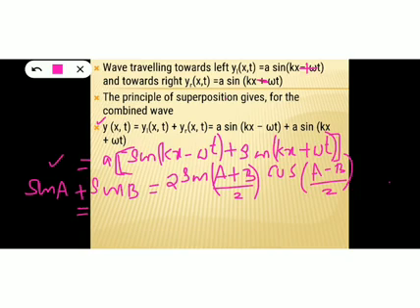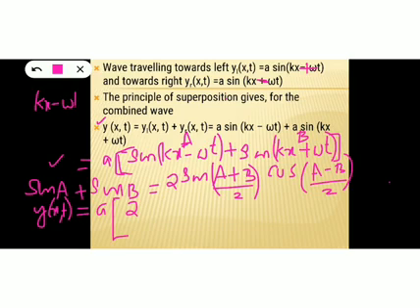So you will get the net displacement y(x,t) equal to A into 2 sin((A plus B) by 2). Which term can be considered as A? We can consider this as A and this as B. So (A plus B) by 2 means kx minus omega t plus kx plus omega t, by 2.